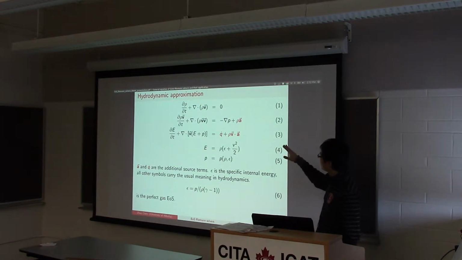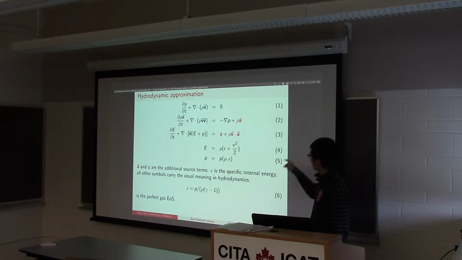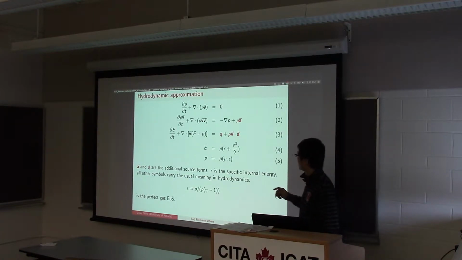The equation in black color, they are the original inviscid Euler equations. And equation number 4 lists the total energy. Well, it has a specific internal energy there.